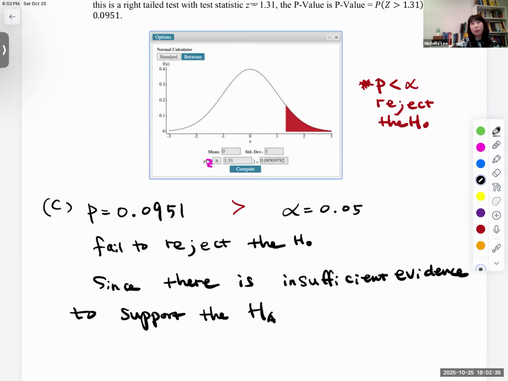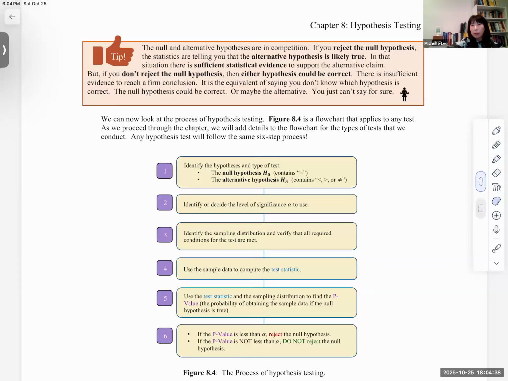All right? Okay, so we have the process of hypothesis testing.